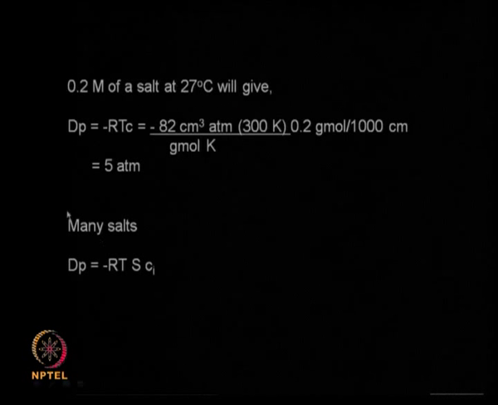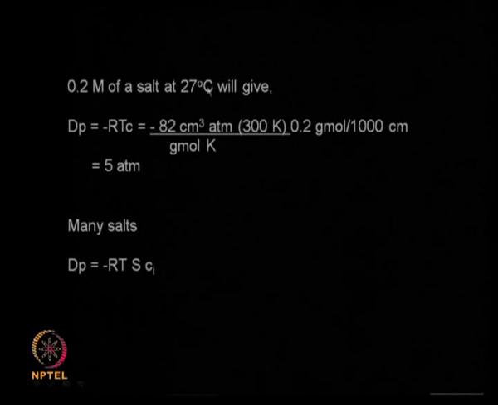Okay, let us look at a simple problem. Imagine I have a salt of 0.2 moles at 27 degrees centigrade. The delta P you calculate as RTC. R is the universal gas constant, you have to take the correct R depending upon the units, do not forget.